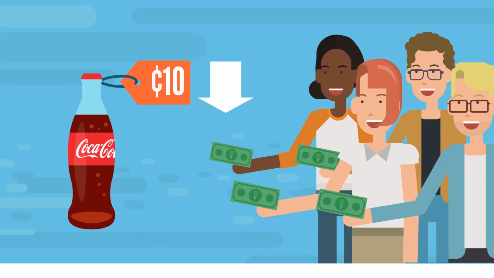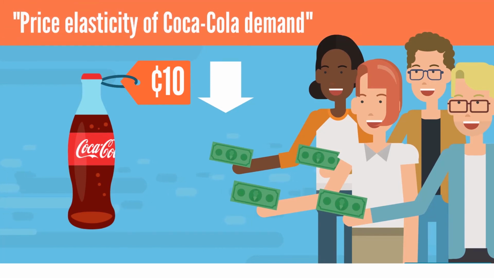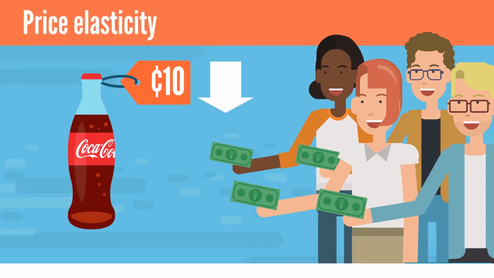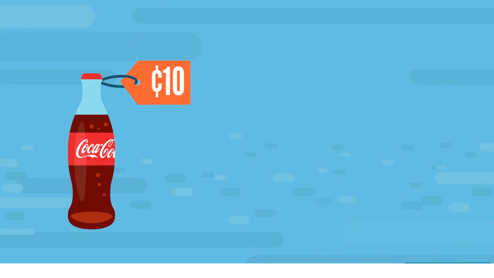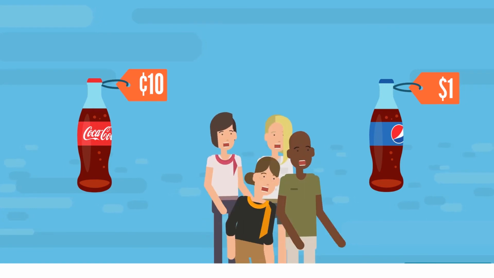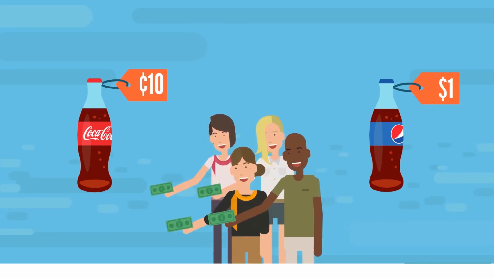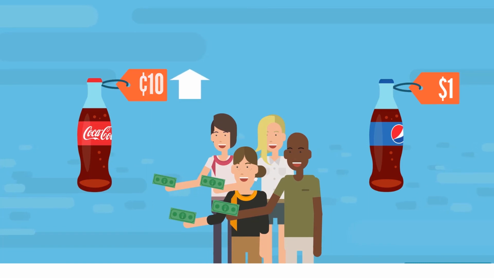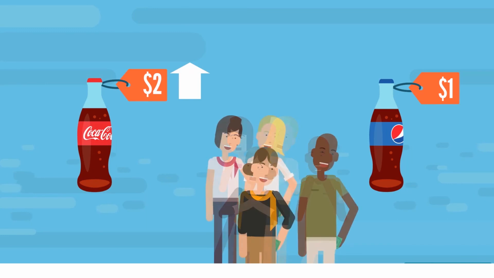The measure we use to quantify this phenomenon is called price elasticity of Coca-Cola demand, or price elasticity in short. Now, as you can imagine, if we assume that a Pepsi also costs $1 and Coca-Cola cuts its price to 10 cents, then most of the people that used to buy Pepsi would immediately transfer to Coke. If prices of Coke increase to $2 instead, people would likely stop buying Coke and turn to Pepsi.